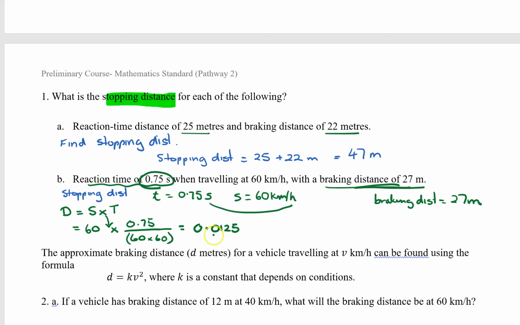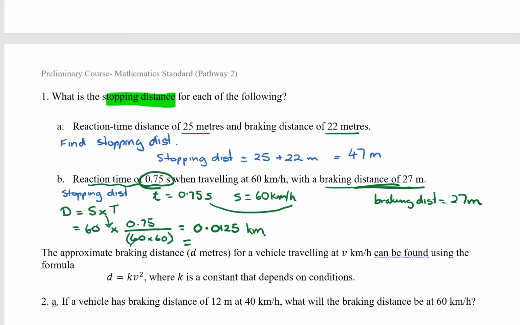And when I do that calculation, the 60s cancel out, one lot of 60, and I get this decimal. Now I really have to be thinking here, because my speed was in kilometres, so this distance unit is kilometres. I know I can't simply add kilometres and metres together. I have to convert these kilometres to metres.